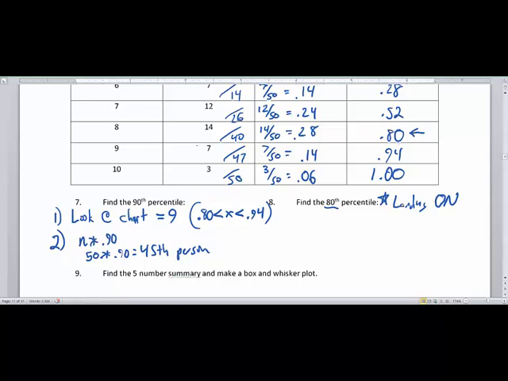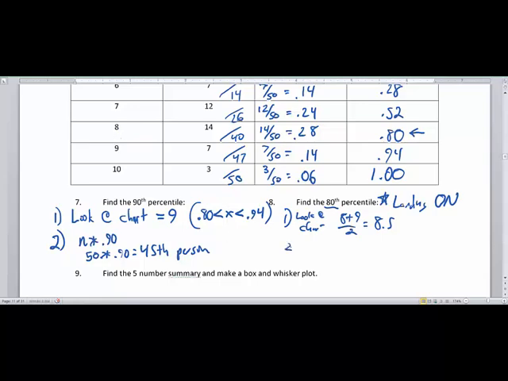So the answer is actually the average of 8 plus 9. So we take our 8 plus 9 divided by 2, and that gives me 8.5. So my answer for the first technique of just look at the chart, we see that we're landing on the percentile, so we have to take that number and average the next number up.